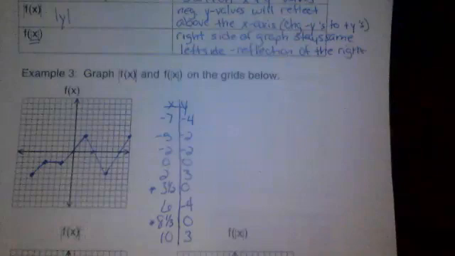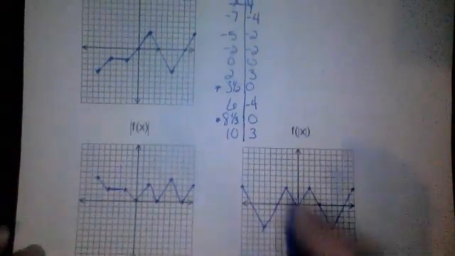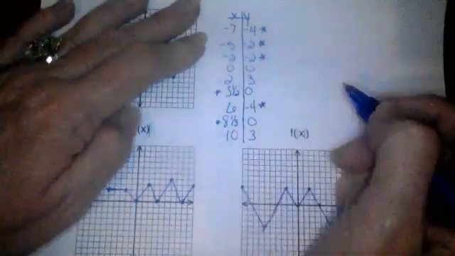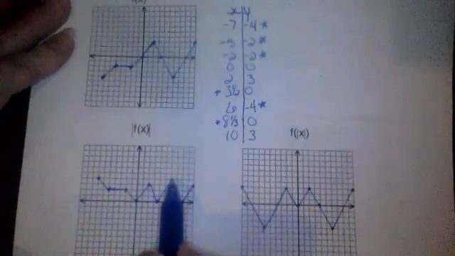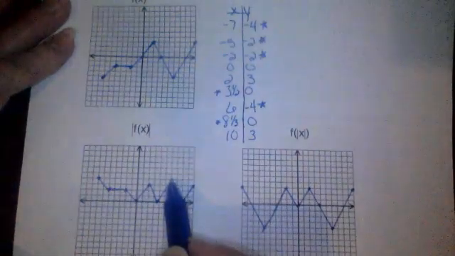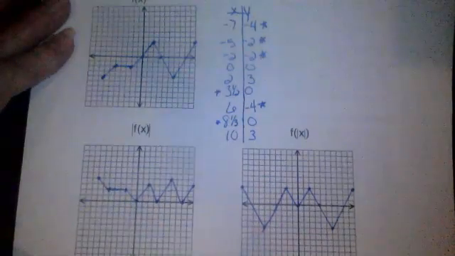All right, so let's see how we did. In this graph, all of our negative y values, so that would be the -4, -2, -2, and -4, all of those change to positive, which moves this one to here, and these all up here.